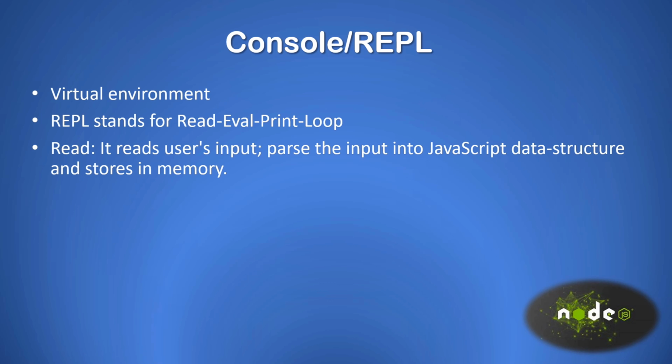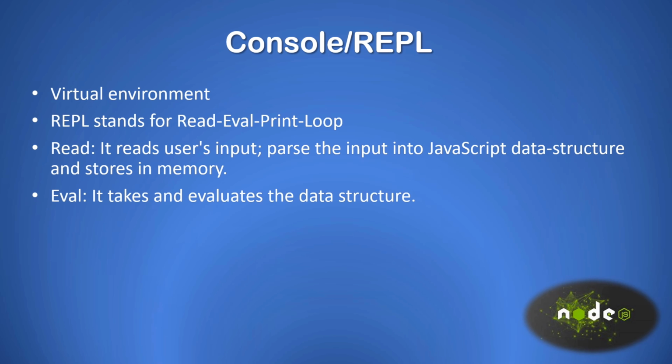It reads user input and parses the user's input into a JavaScript data structure and stores it in memory. So basically, whatever you write in that command or shell, it takes that input, parses it, and then stores it in memory.